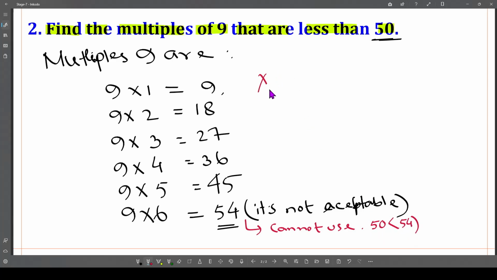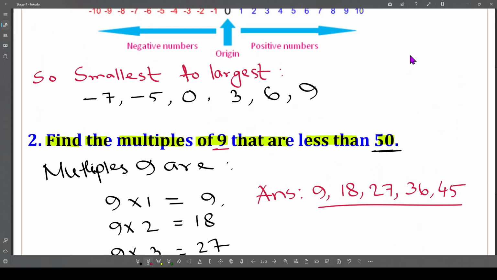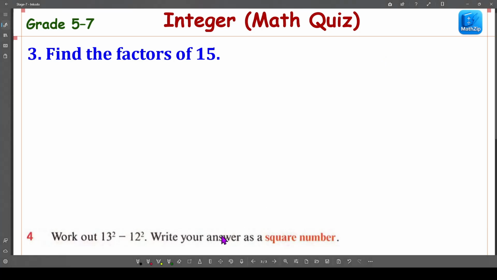So our answer is 9, 18, 27, 36 and 45, because the question says find the multiples of 9 that are less than 50. So we have to put up to 45. So number 2 is done.